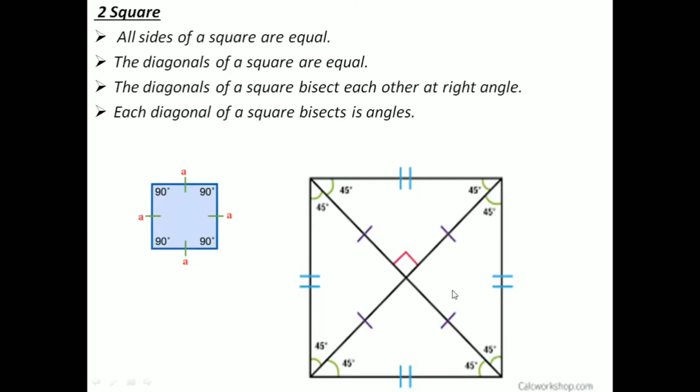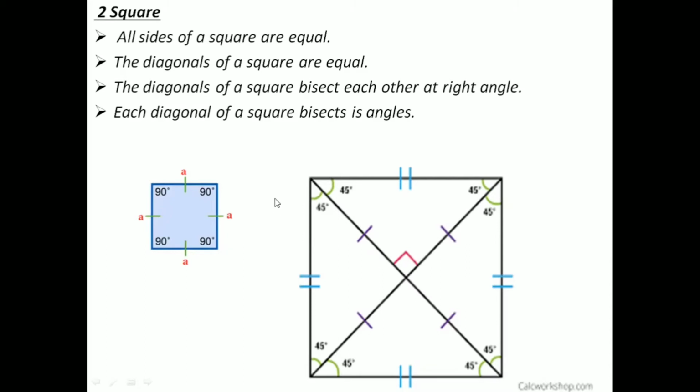This part and this part are equal, and they are bisected at a right angle. The angle between the two diagonals, wherever they bisect each other, will be 90 degrees. That's why it is called diagonals are bisected at right angle.